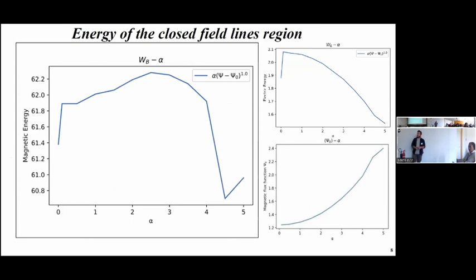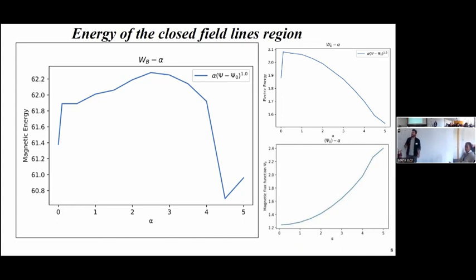Now, if we focus on this plot, we will see the magnetic energy of the region of the closed magnetic field lines as a function of the parameter alpha.